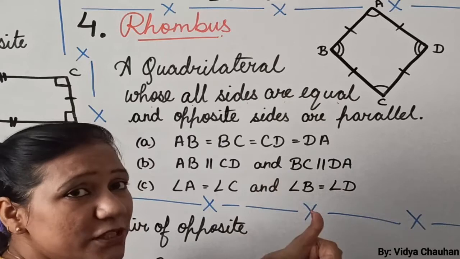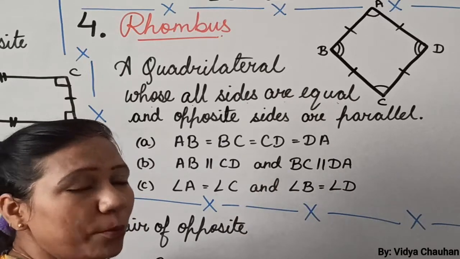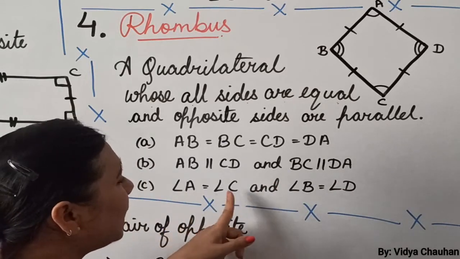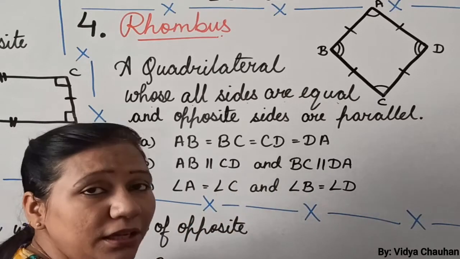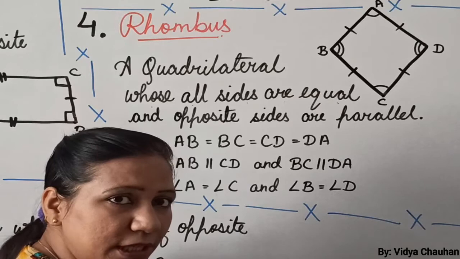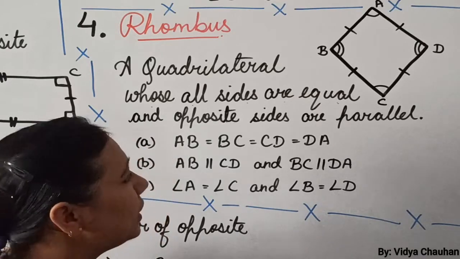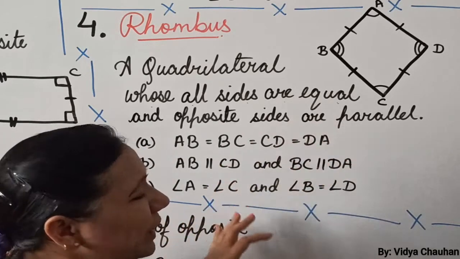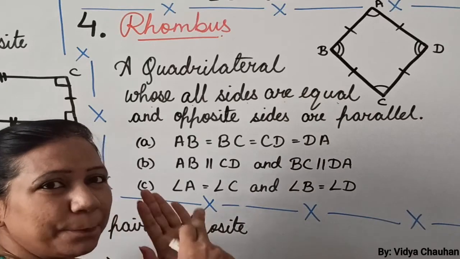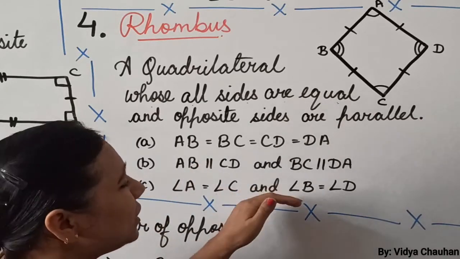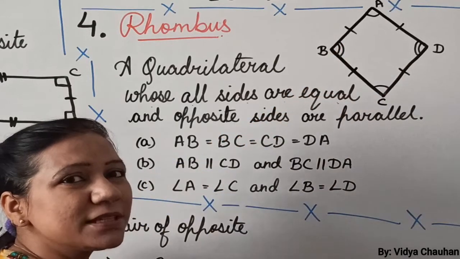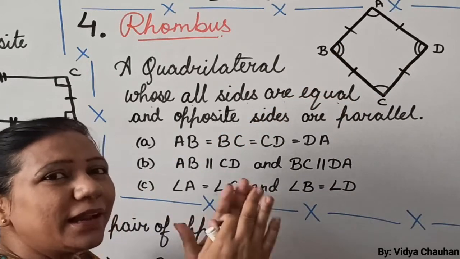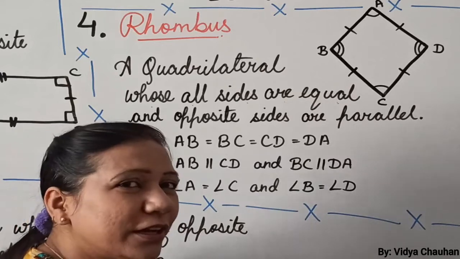Along with this, there is one more property of a rhombus, and that is, once again just like a parallelogram, its opposite angles are equal. So by a mixture of square and parallelogram, this another shape has been introduced, and this is called a rhombus. So basically a rhombus is a mixture of a square and a parallelogram.